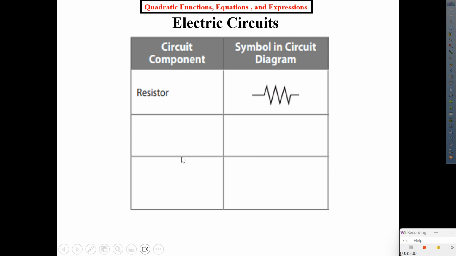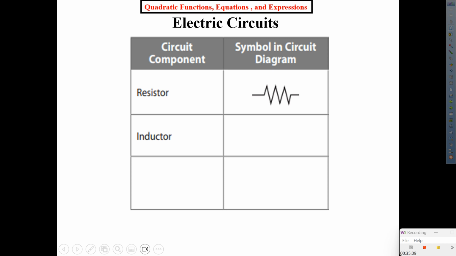The next component, inductor. An inductor you probably haven't seen unless you broke some electronic device and you looked into it. So an inductor is as follows. You've probably seen this experiment. Let's see if you can do it by yourself. You take a nail. You guys know what a nail is? Those that you hammer in.